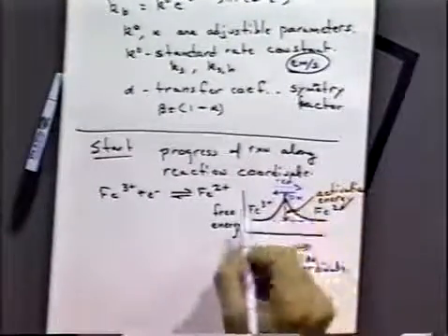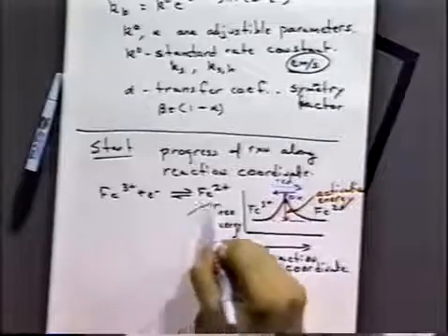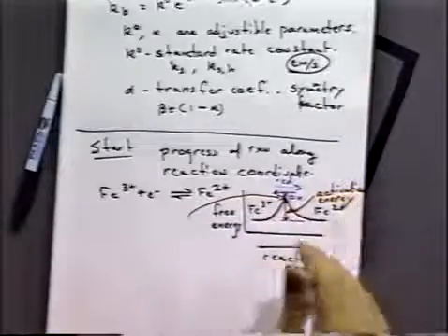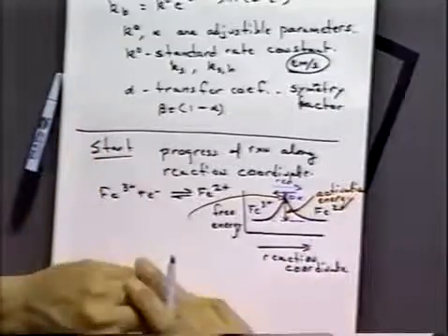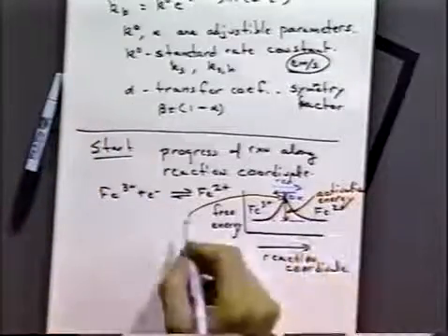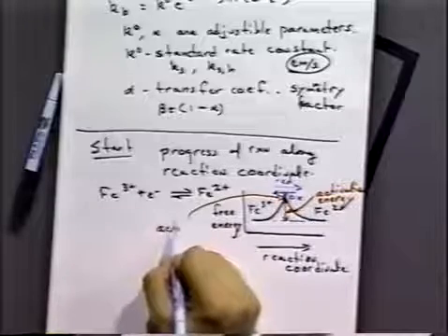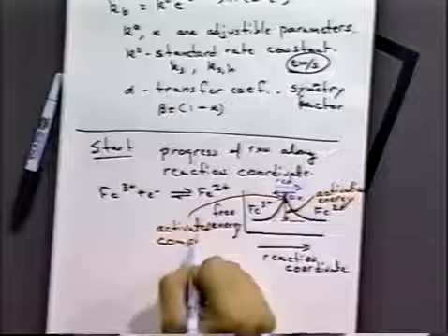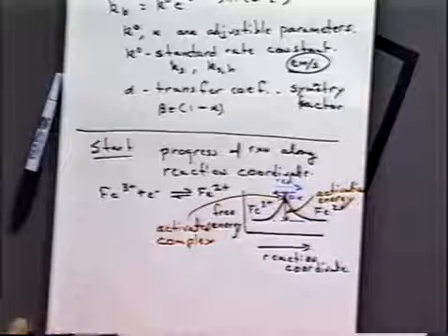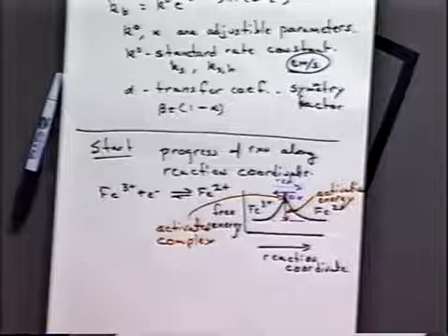Activation energy. And when the molecule is right at that particular apex, it really doesn't exist as a distinct species, but people will call that species the activated complex. In other words, we can think about that point as being sort of a never-never land.